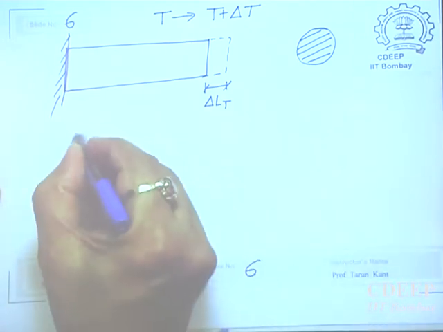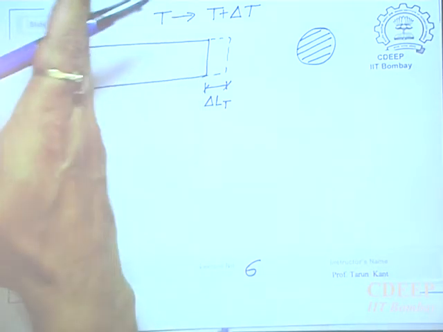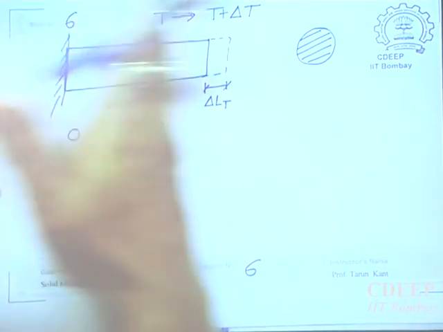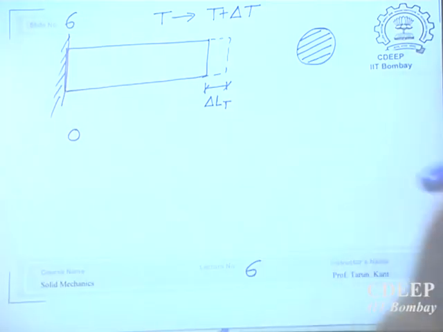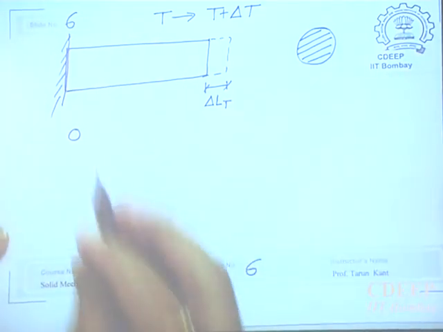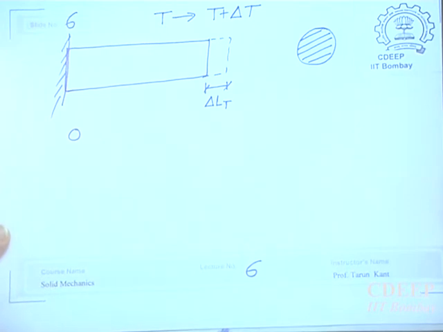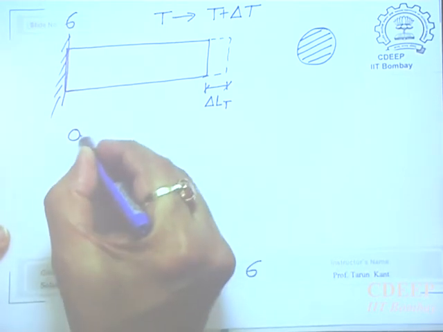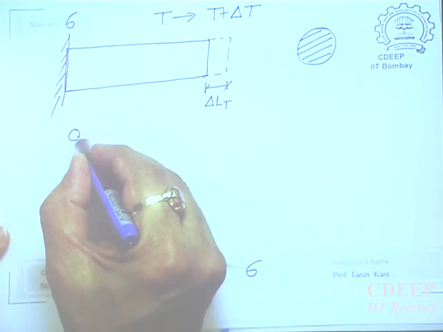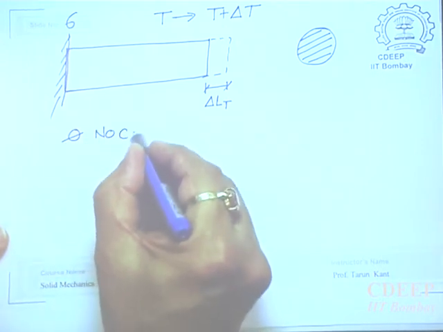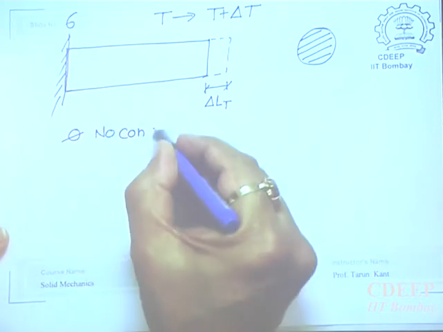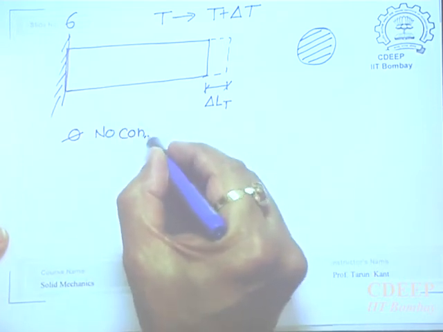If one end only is fixed, it is free to expand. If both ends are free, again it is free to expand. So both are the same. There is no constraint. So it is a free expansion, and we have strain.